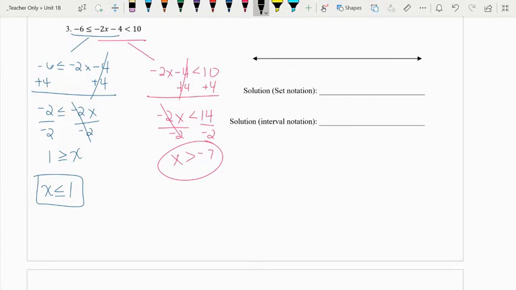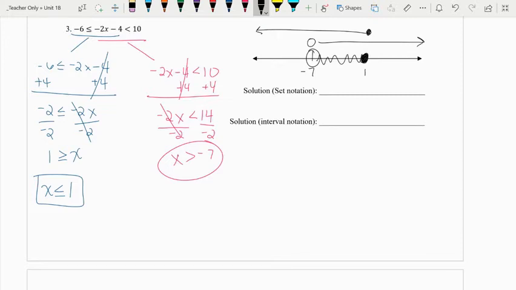At this point, we can graph 1 and -7. If we look at -7, x is greater than it, so open circle to the right. And at 1, it's less than or equal to, so closed circle and to the left. Again, this is an AND problem, so we're looking for the overlap, or where both lines are above the number line.